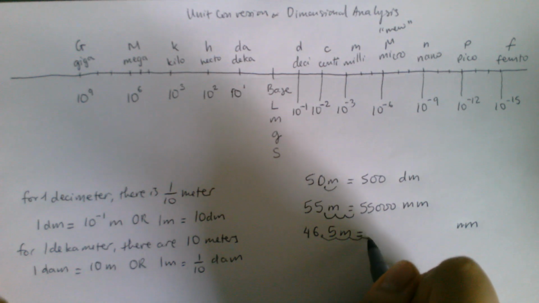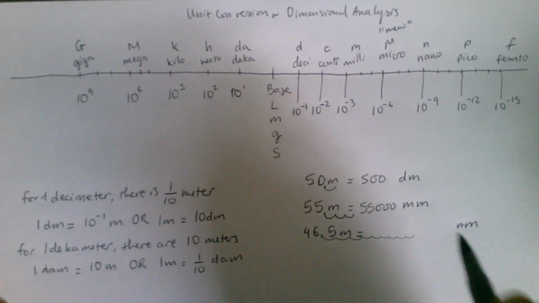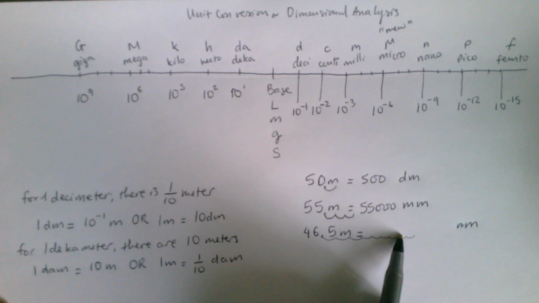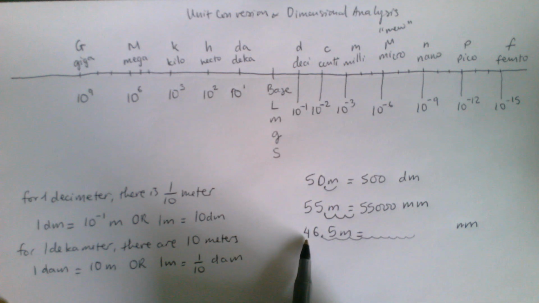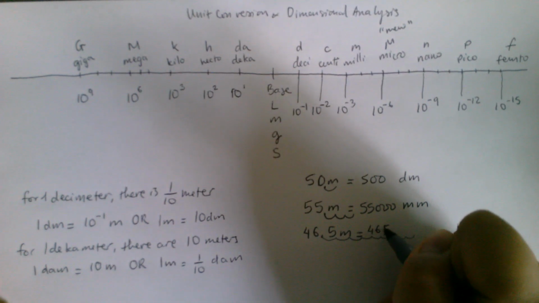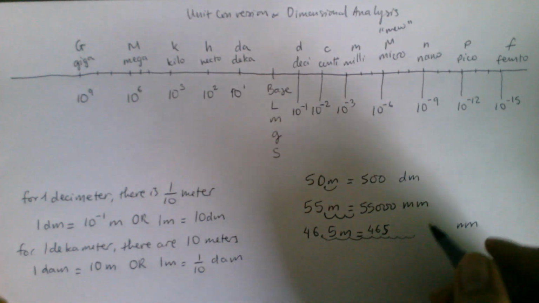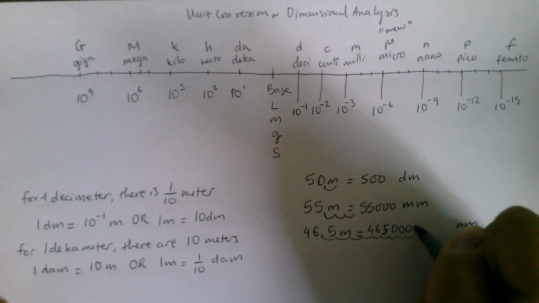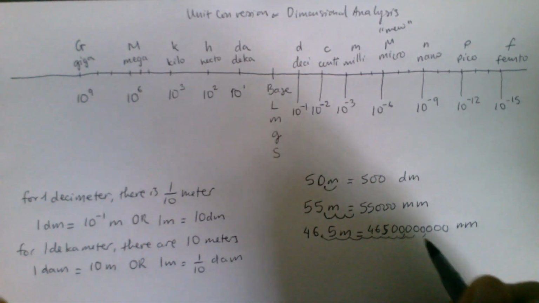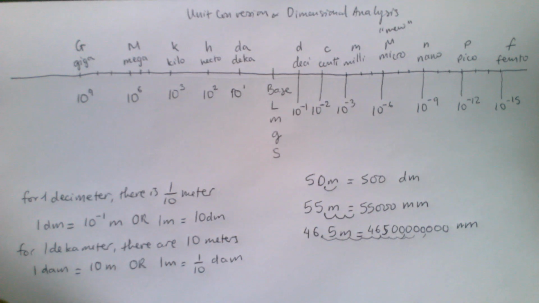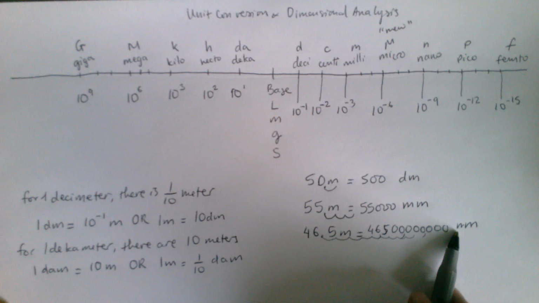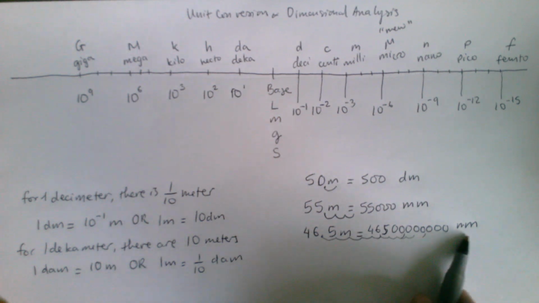Let's see how many zeros that is. That's 8 zeros after 4, 6, 5. So it is 46,500,000,000 nanometer. That's a huge number.